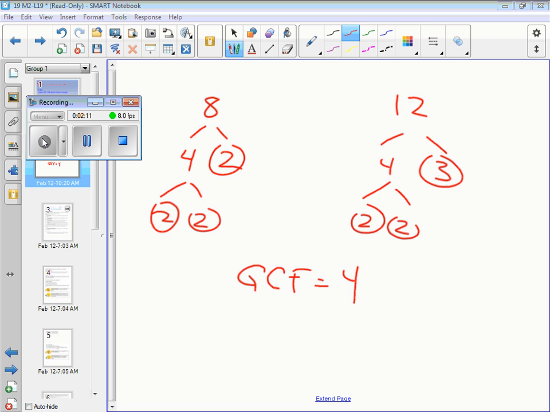When I ask you to find the LCM, it has to be a number that's equal to or greater than the higher of the two numbers, 8 and 12. When I ask you to find GCF, GCF has to be a number that's lower or equal to 8. However, LCM has to be a number that's equal to or greater than 12.